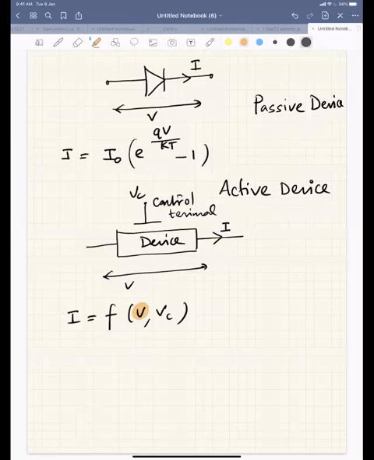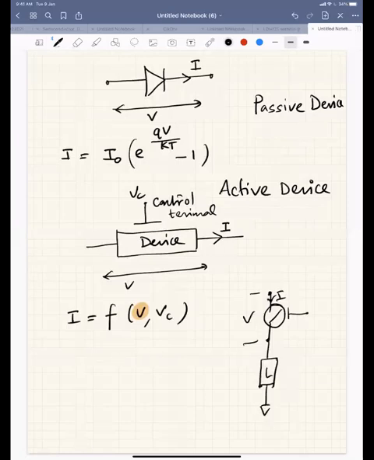So this is an active device, and active devices have a lot of applications in electronics, mostly in integrated circuits. For example, take a normal switch. You apply a voltage and get a current, but by controlling the switch with a control terminal, you could control the current. Let's say I have a load here.